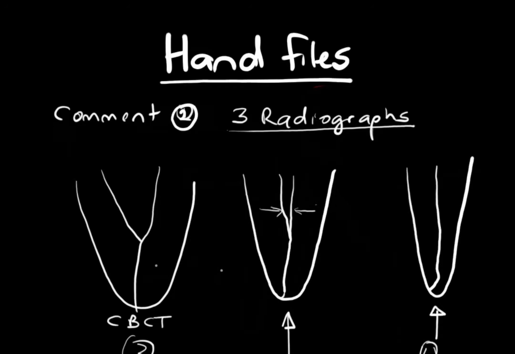Those 3 angulations, straight, mesial 20 degrees, distal 20 degrees, generally give you a very nice separation of any 3D structures. So that's the best you can do with 2D radiography. Take 3 radiographs, and then you might like to consider CBCT in complicated anatomy, if it is available for that dentist.